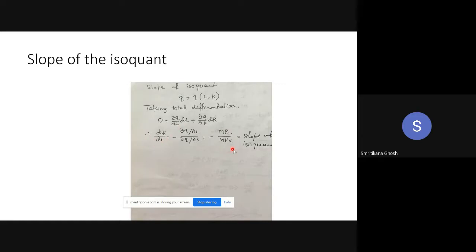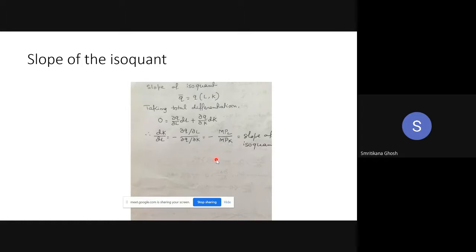Similarly, if you employ more and more capital, after a certain level of employment, MPK will be negative. Just like MPL, for MPK also we get the same logic. So in that case also your slope will become positive.